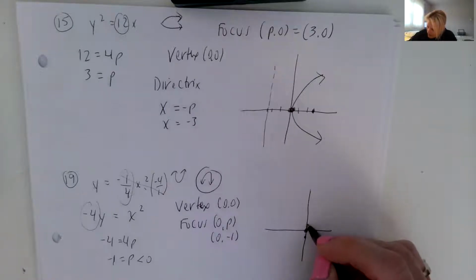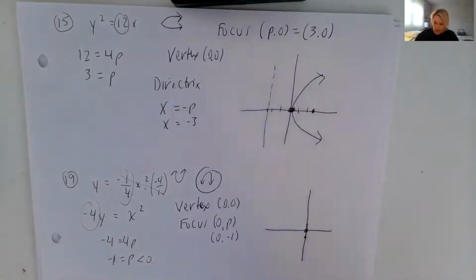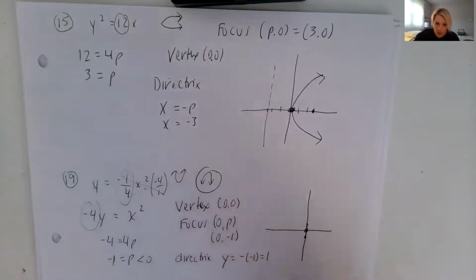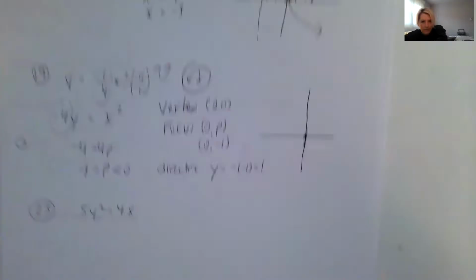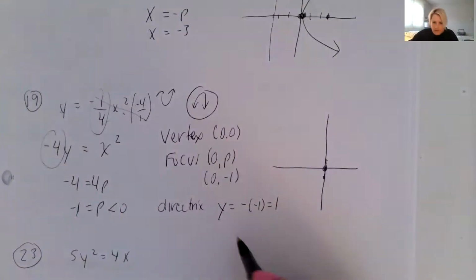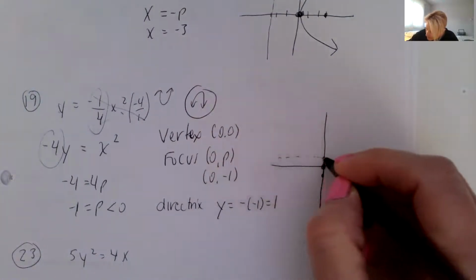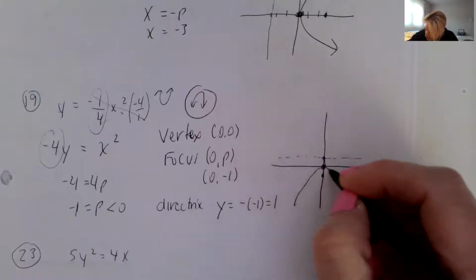So the directrix line is at y equals the opposite of p, so at 1. So that's right here. So there is the directrix, and then it's going to be face down.